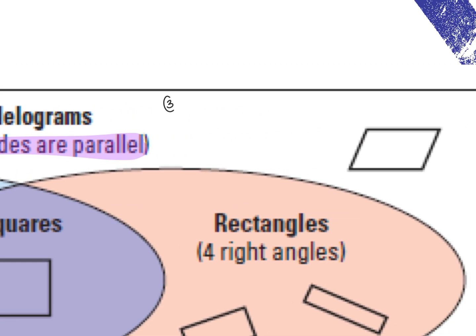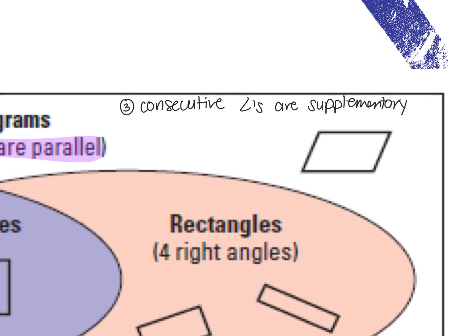So here's 3. This is consecutive angles are what? Good. The consecutive angles add to equal 180. And then my last one, what do the diagonals do?